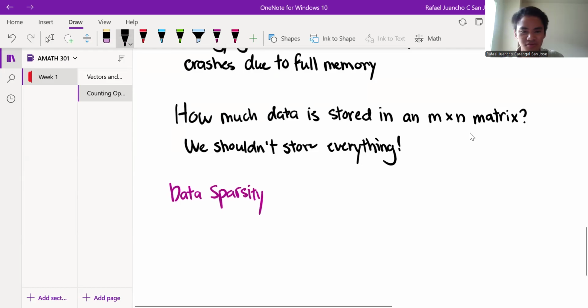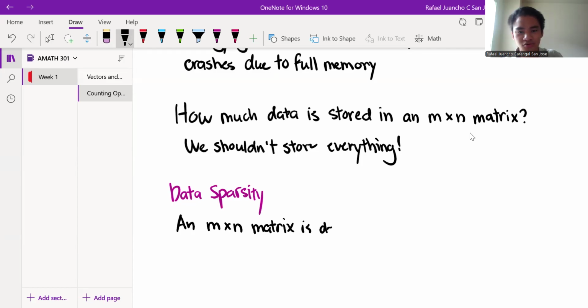So data sparsity in a mathematical sense is, let's say, an m by n matrix could be data sparse. If we actually Google what sparse means, I'm Googling it right now.